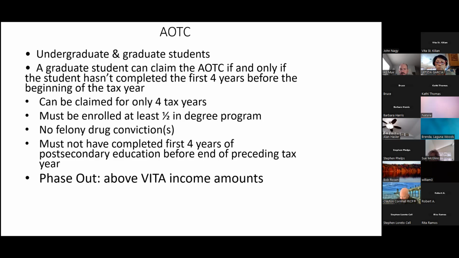They have to be in a degree program, and the university or college is going to determine what is considered at least half time. And then this is one of those social engineering components, and I guess it depends on your point of view: no felony drug convictions, and they can't have completed the first 4 years of their college before the end of the year. So these are some of the rules.